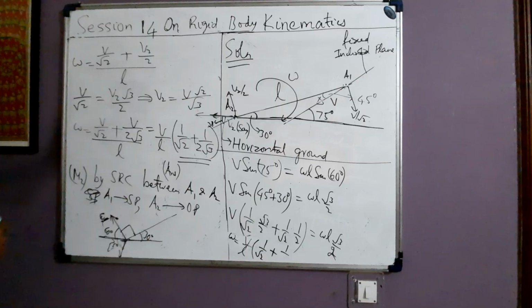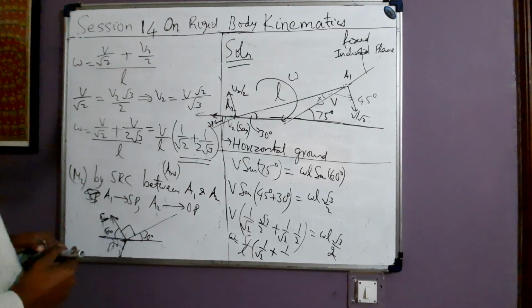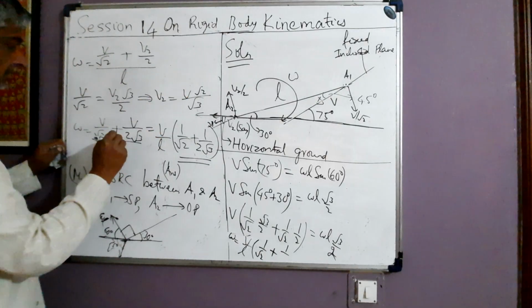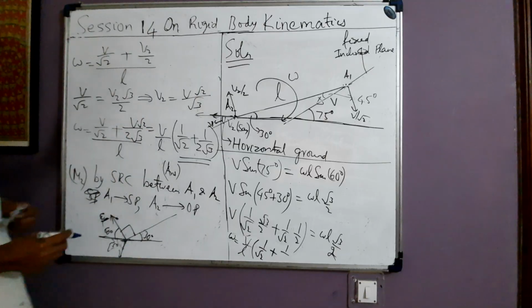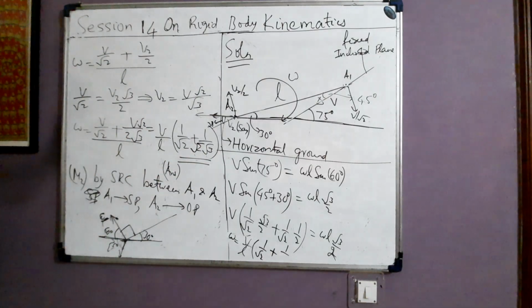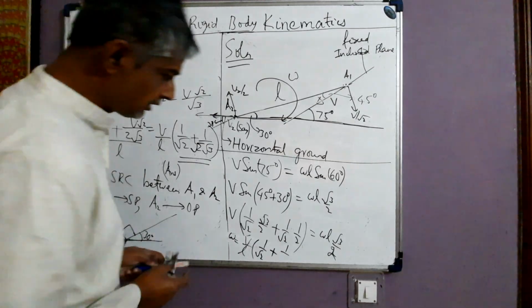So omega equals V2 by 2, so root 2 by root 3. Now it's all right, this is the answer. This becomes 2 by root 3.